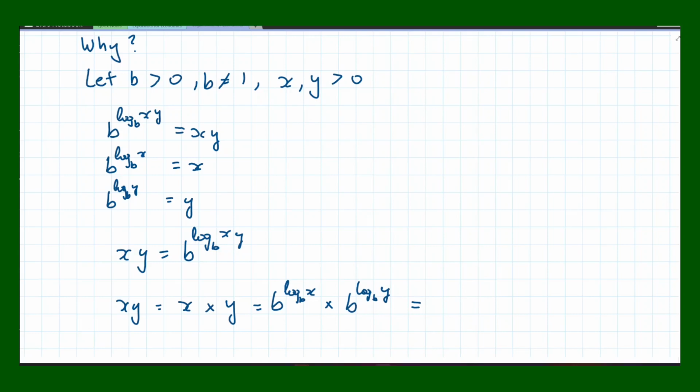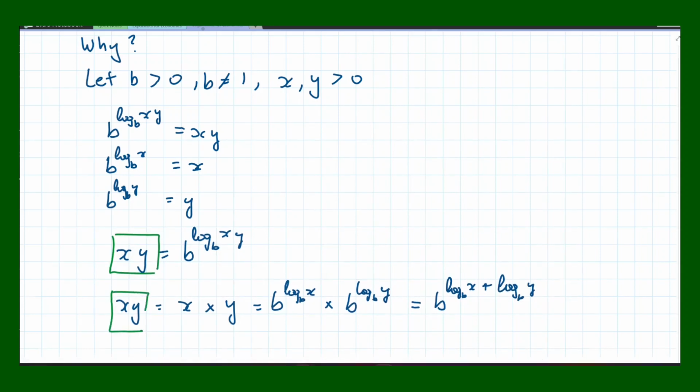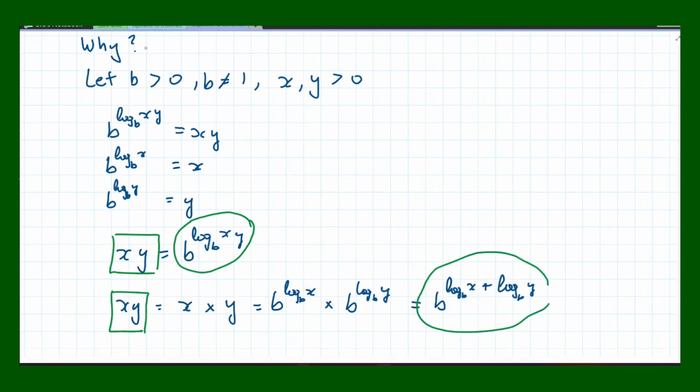Now, if you have been here for long enough and you watched the exponent series, then you remember that in the second video in that series, we showed, explained and proved that if you have the same bases multiplied together, we can just keep the base and add the exponents together. So let us just do that. Therefore, we can replace this with log base b of x plus log base b of y. But x times y has to be equal to x times y. Therefore, this has to be equal to this.